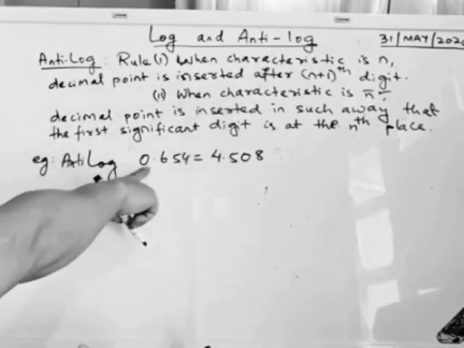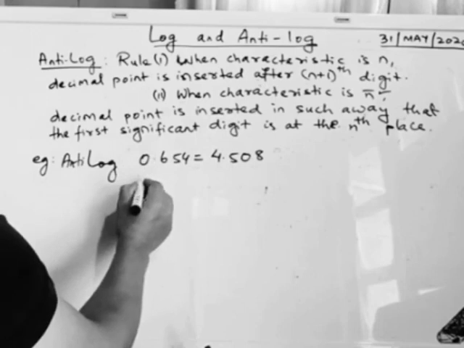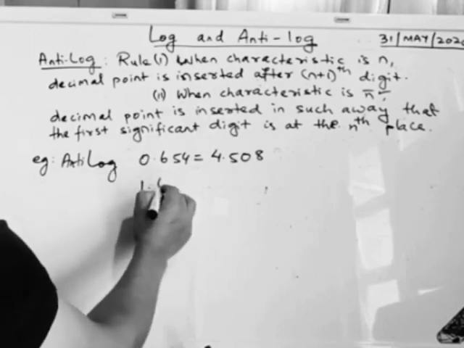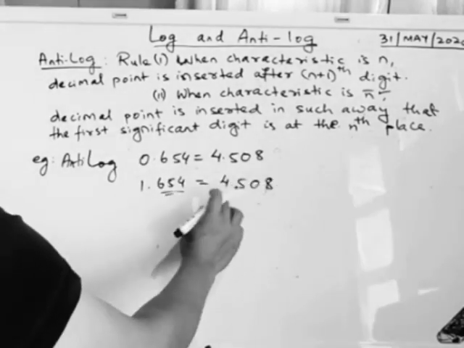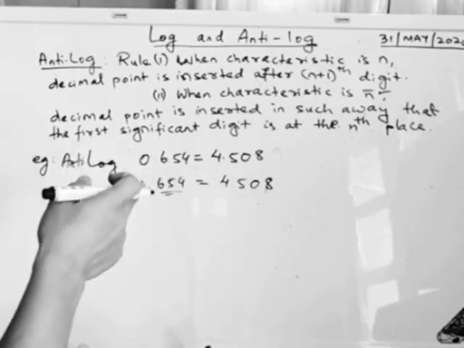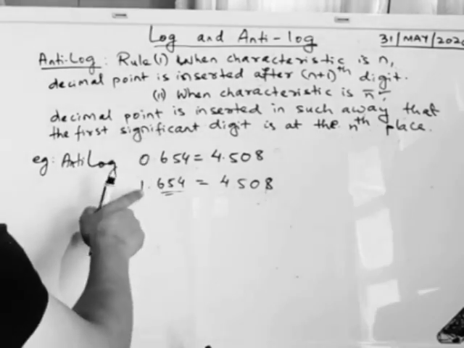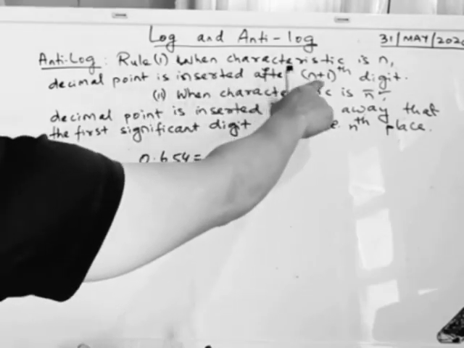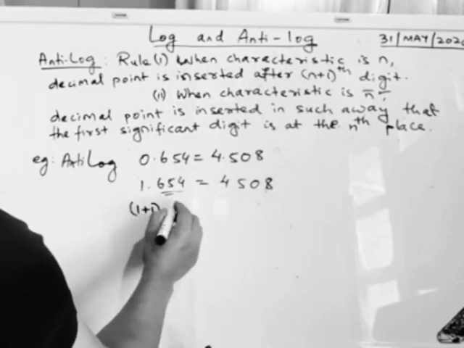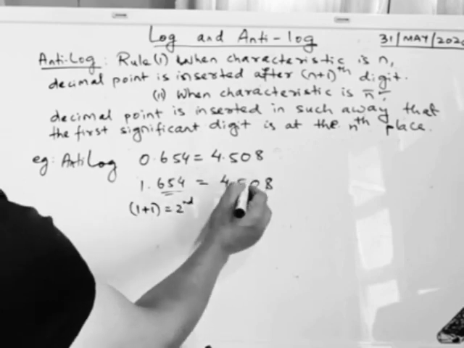Here the characteristic is 0, and the decimal point must be inserted after the first digit. If we have characteristic 1 in place of 0, the antilog digits 4508 will be the same, but the place of the decimal point should be different. The decimal point must be inserted after the n plus 1 digits, that means after the 1 plus 1 digits, after the second digit. Here is the first, second, and the point should be here.